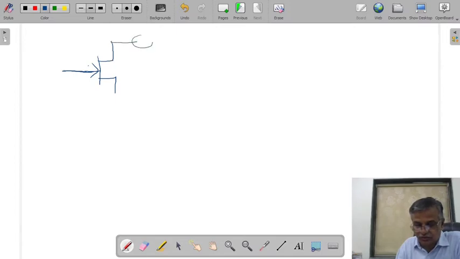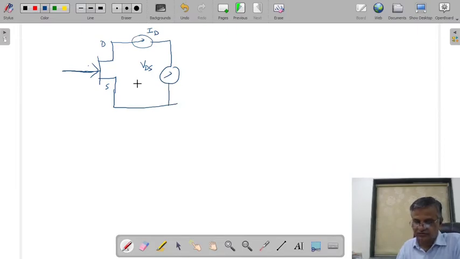Here you have to connect the current meter. You know this is your drain, this is the source. So I have to write here ID current meter. This is your voltmeter that measures the voltage between drain and source.